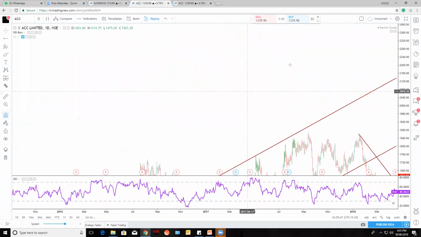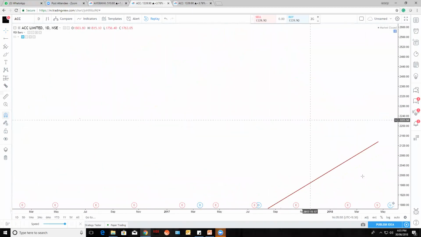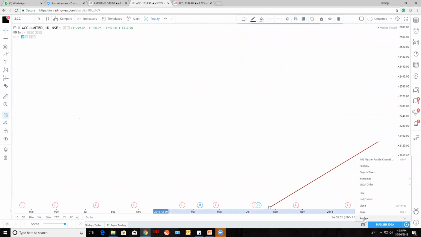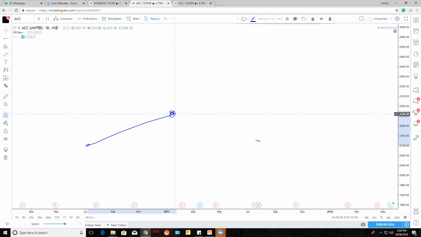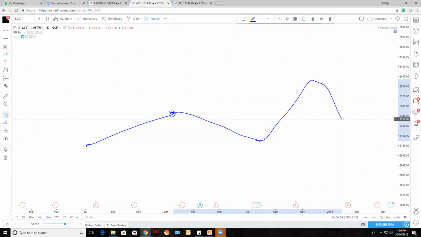Let's say, what is a wave first? Okay, what is a wave? The definition of wave is simple: any price moving from one price to another price range. Let's say the price is moving from this particular price to this particular high, and from that down, and from that to one more place, and one more place.